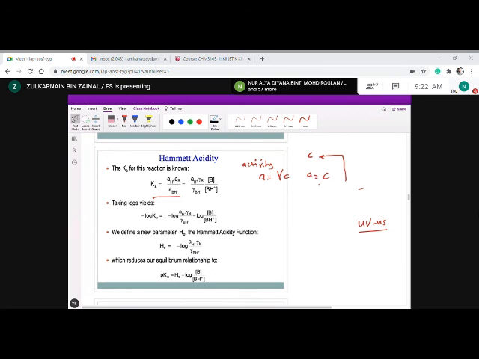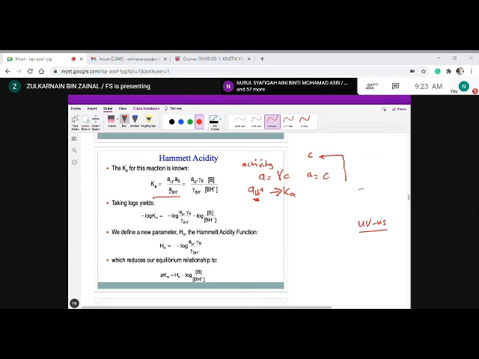So the strength of the acid depends on the activity contributed from the acid, rather than the concentration. Okay, so then that can be related to the Ka value of the acid.